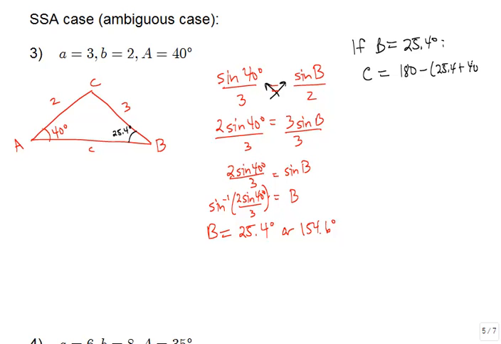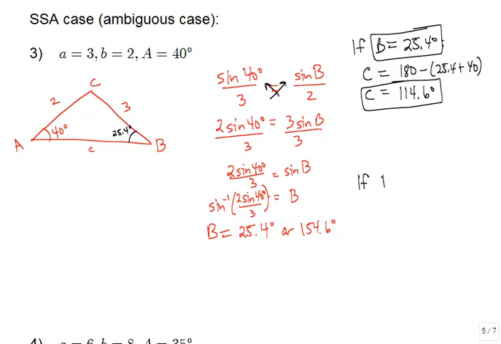So 180 minus the other two. And if you punch that into your calculator, you get that angle C then would be 114.6 degrees. So if B is 25.4, then angle C would be 114.6. I'm going to come back to this in just a moment, but let's go ahead and see what would happen if we use the other choice for B.